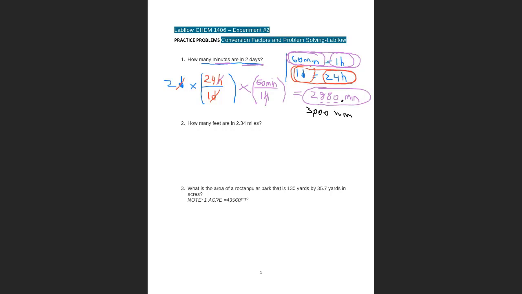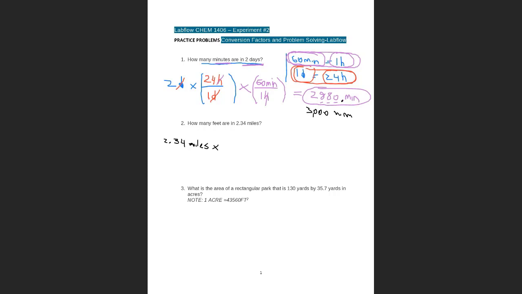Okay, let's move to the next one. How many feet are in 2.34 miles? Again, we start with 2.34 miles, and I need to convert it into feet.